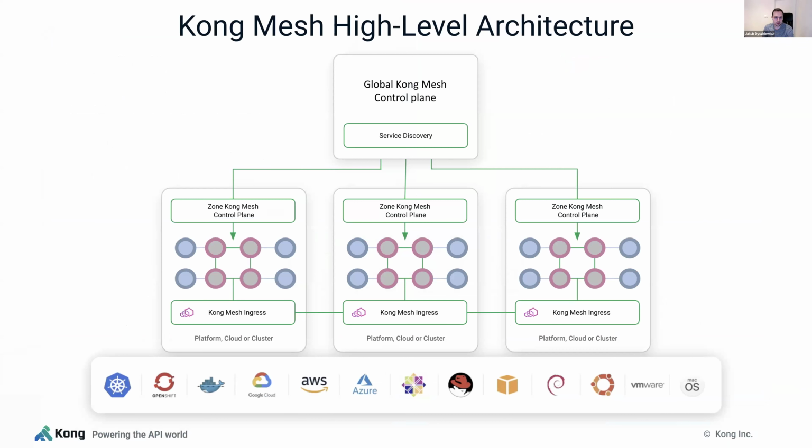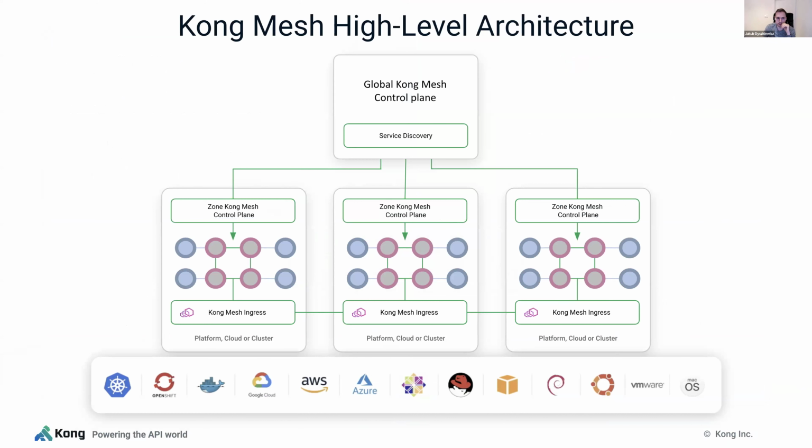So let's talk about the Kong Mesh high-level architecture, because this will be useful to understand the demo. Those boxes, you can think of them as Kubernetes clusters. This, of course, can be your network of virtual machines. It can be AWS ECS and so on.